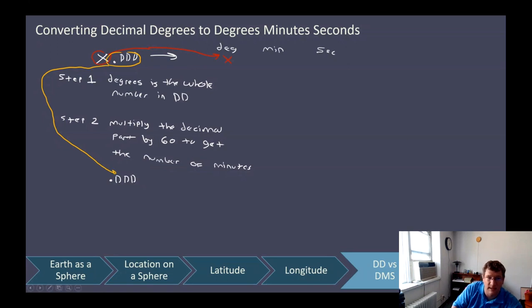We do d, d, d times 60, which is multiplication, and that is going to give us some whole number and some new decimal points, which I'm going to call z, z, z.